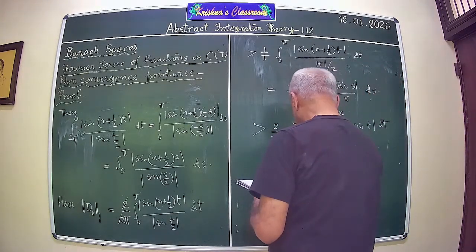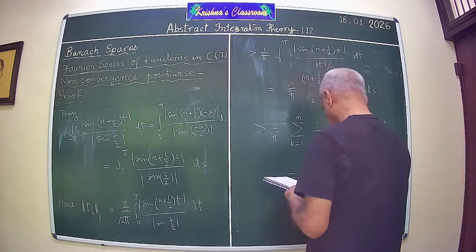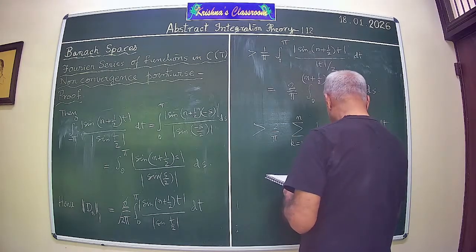This is equal to 4 by pi square sigma 1 by k.